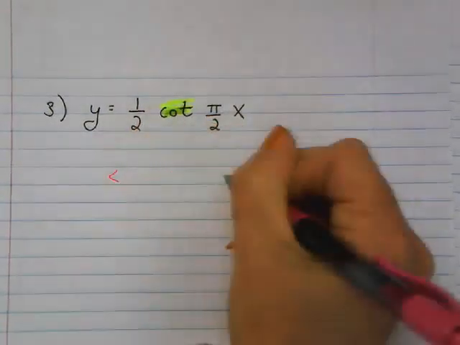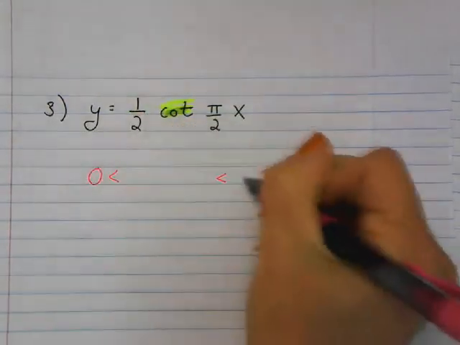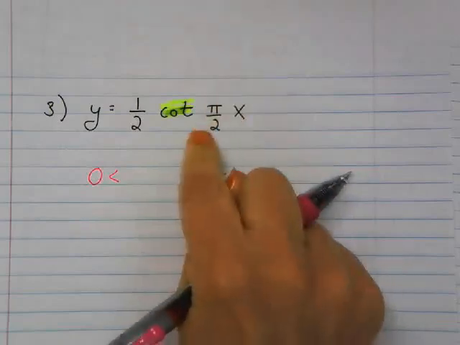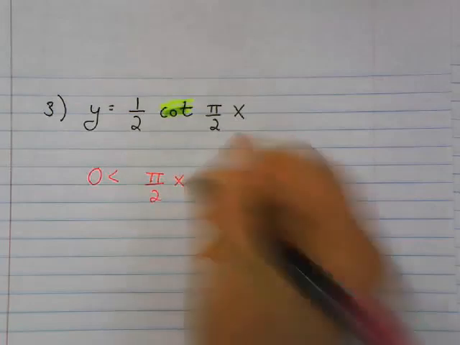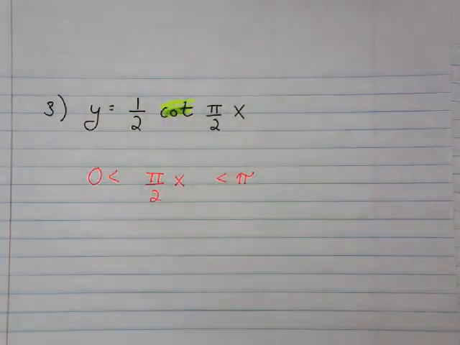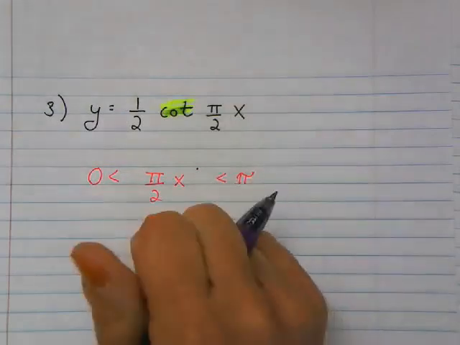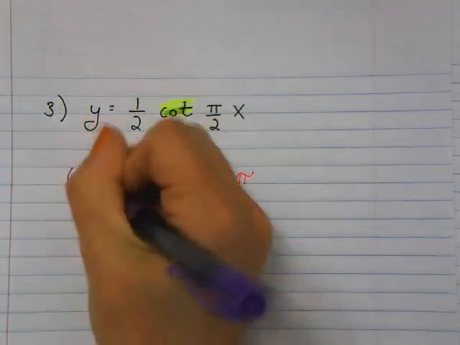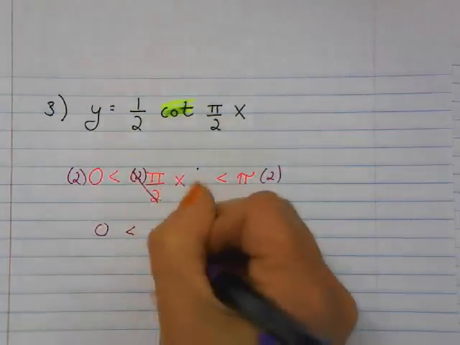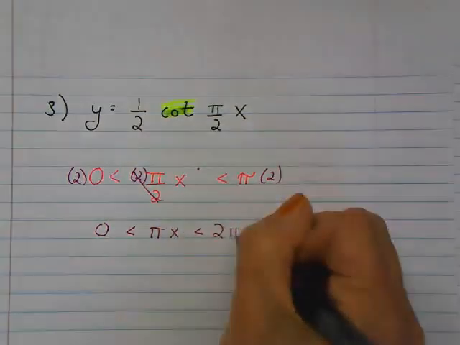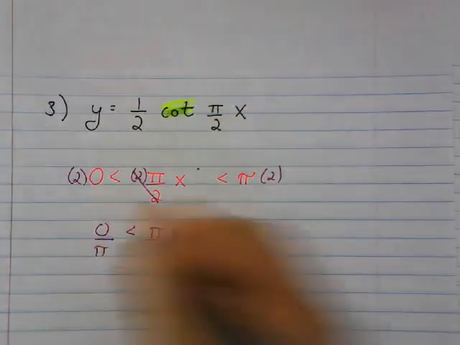So I have pi x over 2. I need to get x by itself. First I'm going to multiply every term by 2, because that will clear my denominator. So I get 0 is less than pi x, which is less than 2 pi. But x is not alone. So now I'm going to divide by pi. So I get 0 is less than x is less than 2. Alright, well this is easy. At least I don't have pi's to deal with.